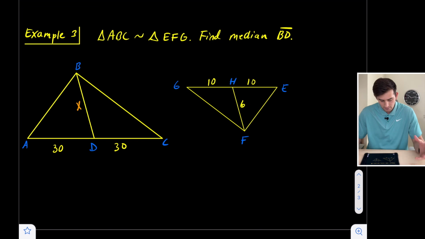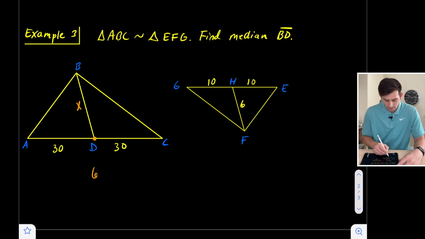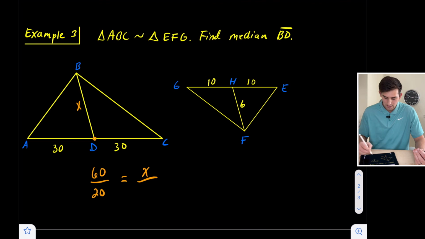They give us the side lengths of the triangles, basically split in half because this is our median. Here this distance would be 60, and up here this distance would be 20. So we can say 60 over 20 is equal to, and since 60 came from triangle ABC, I'm going to put x on top, and over here it gives us the median, which is 6.